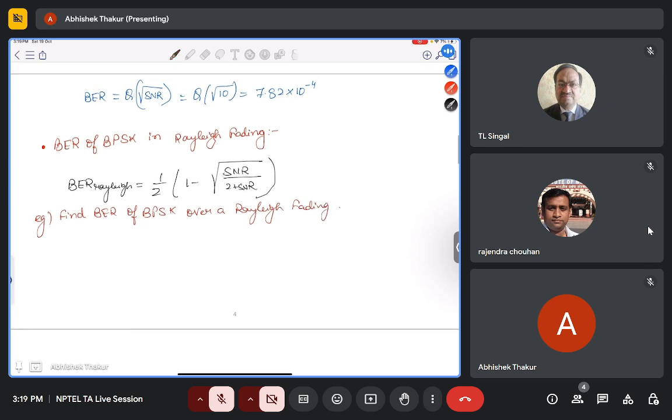So for this, we will substitute the value. Bit error rate for Rayleigh fading is equal to half into 1 minus square root of SNR by 2 plus SNR. SNR was 10, so 2 plus 10. So this will become half into 1 minus square root of 10 by 12. So again, when you find this value, you will get 4.4 into 10 to the power of minus 2.